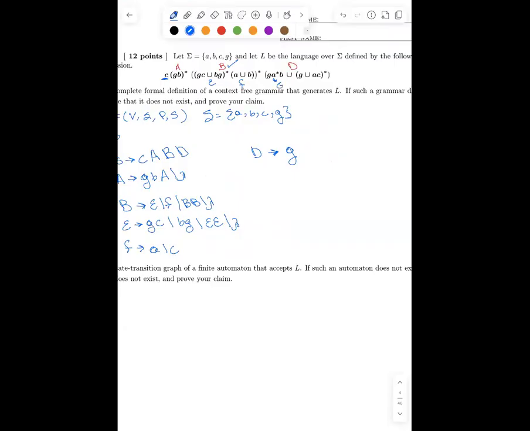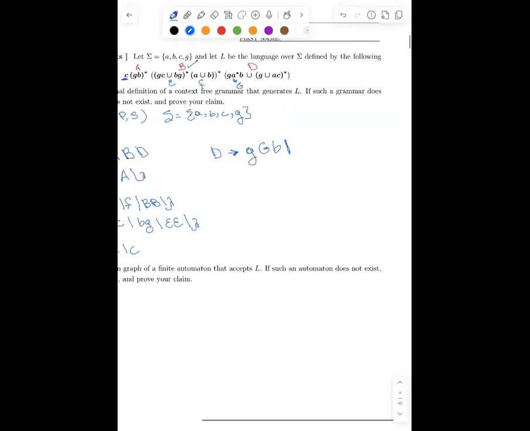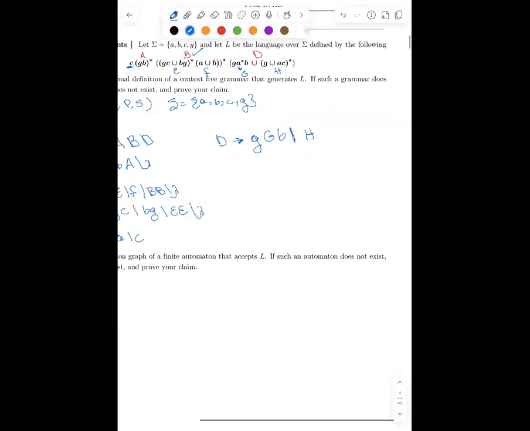And I will use G. So it can be G small letter, G capital letter, or B. Or I can either have G, H. And then for my G, I will get the A, which is A, G, or lambda.